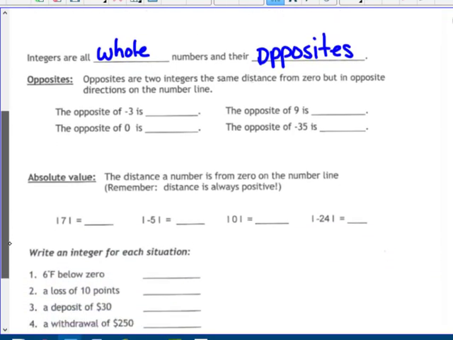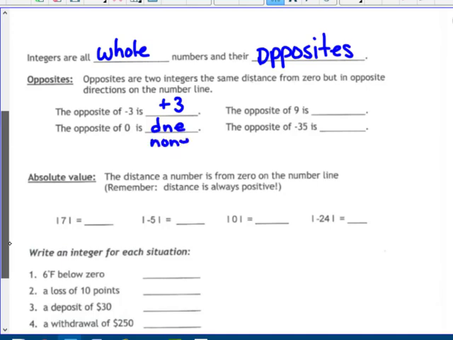Opposites are 2 integers the same distance from 0 but in opposite directions on the number line. The opposite of negative 3 is positive 3. The opposite of 0, because it is not signed, doesn't have a positive or a negative, does not exist. DNE, or you could say none.